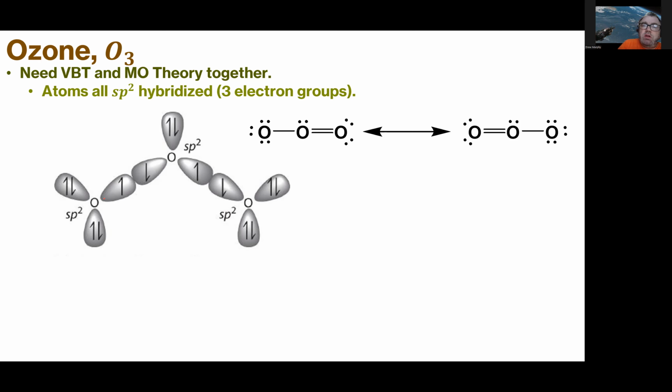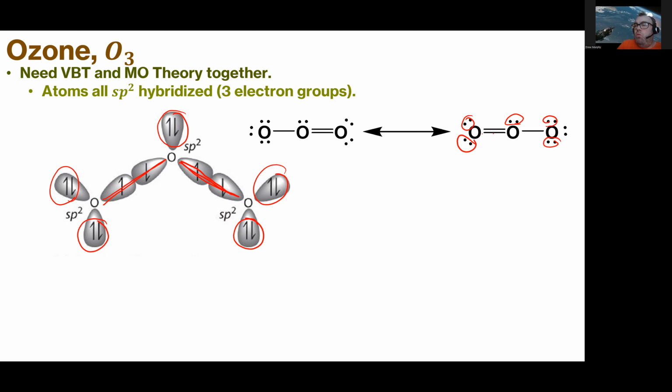We have a sigma bond formed between 2 oxygens on each side of the central oxygen. Each oxygen on the end has a lone pair in an sp2 orbital, and the oxygen in the center has a lone pair in an sp2 orbital. So we've explained the lone pairs on the outside, the center, and one of the bonds of the double and the one on the other side.